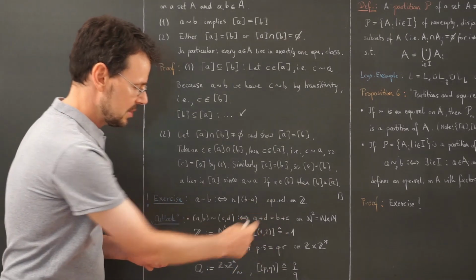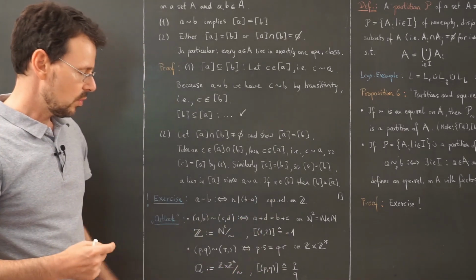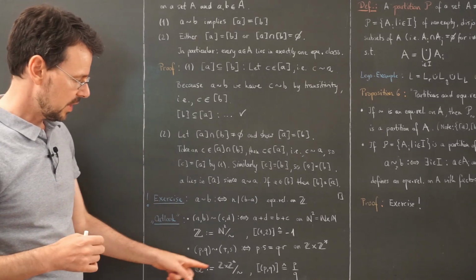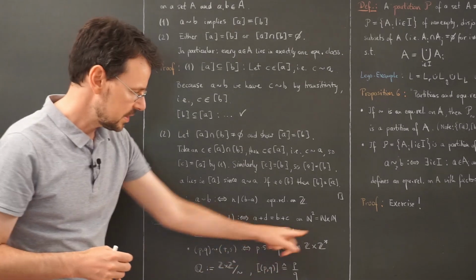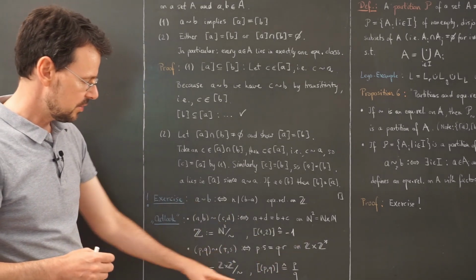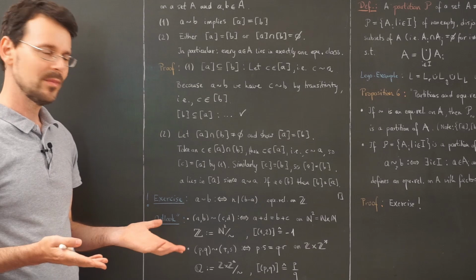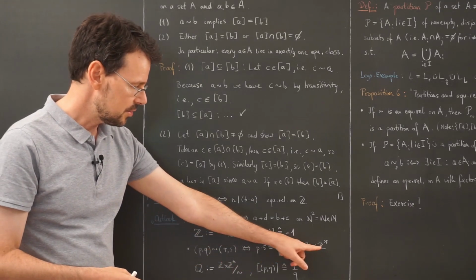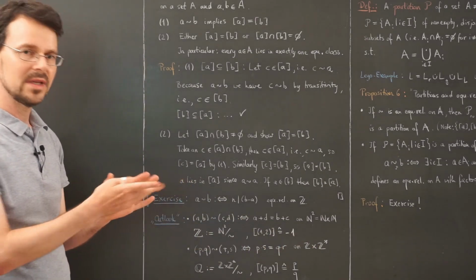So almost the same as here, but now with the product instead of the addition. And then if you take the quotient of this set by this equivalence relation, you end up with the rational numbers. So only using multiplication and the integers, you can define what division means.